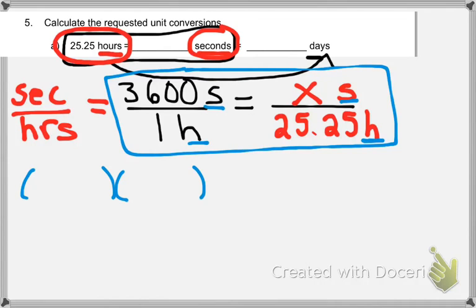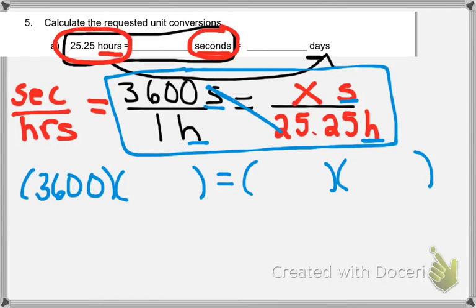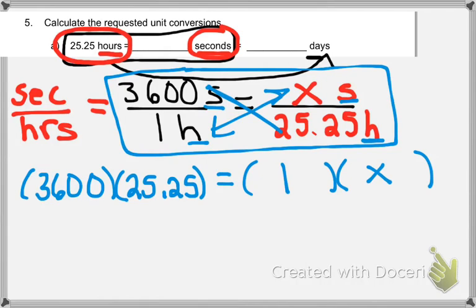Bracket times bracket equals bracket times bracket. 3,600, or 3,600 to say it properly, times 25.25 hours is equal to 1 hour times x seconds. Don't put the units in here though, because that'll just mess you up. We already have x as our variable.